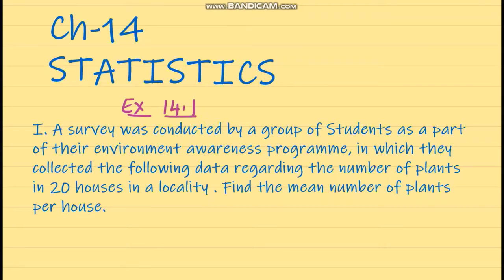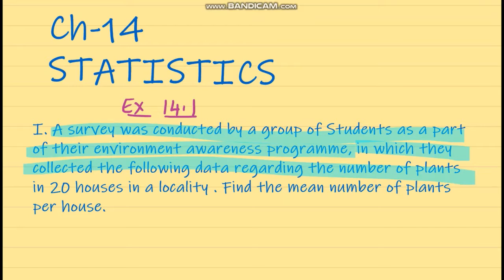In this Part 1, you learn to solve the questions of 14.1 by direct method. Let us see what question is given. A survey was conducted by a group of students as a part of their environment awareness program, in which they collected the following data regarding the number of plants in 20 houses in a locality.